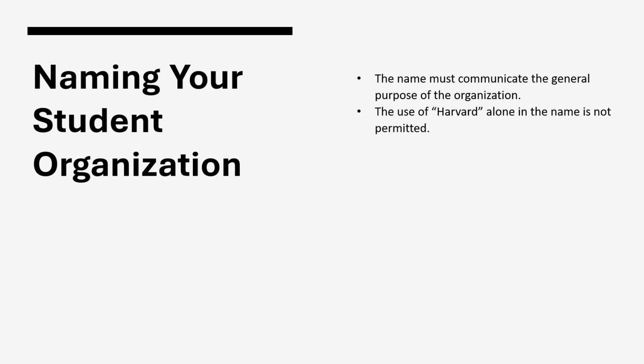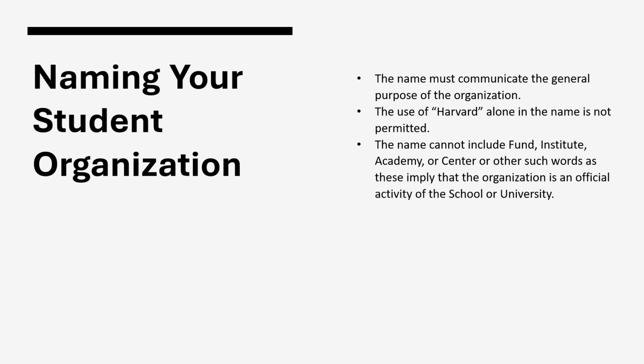The use of Harvard alone in the name is not permitted. And lastly, the name cannot include fund, institute, academy, center, or other such words, as these imply that the organization is an official activity of the school or university and not a student-run organization.